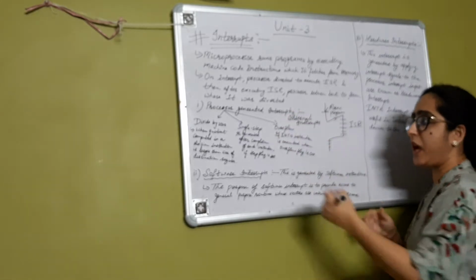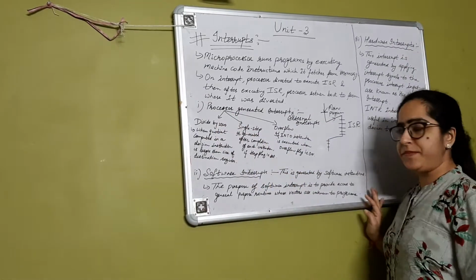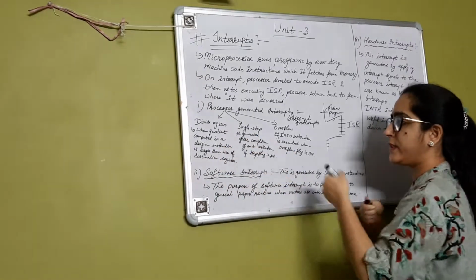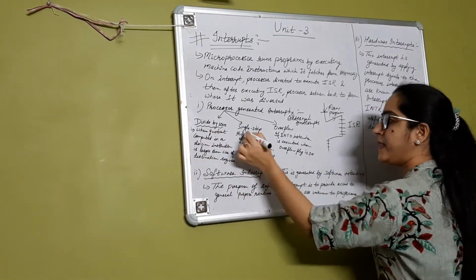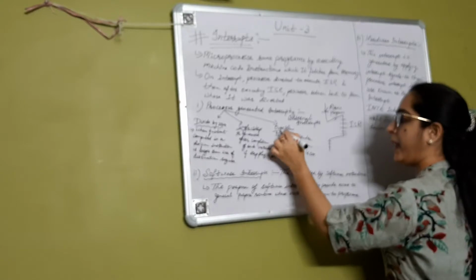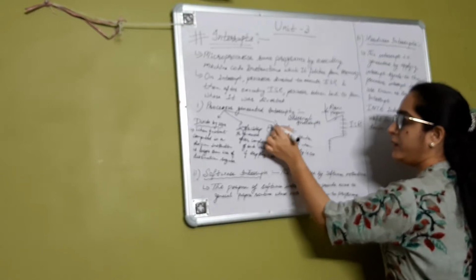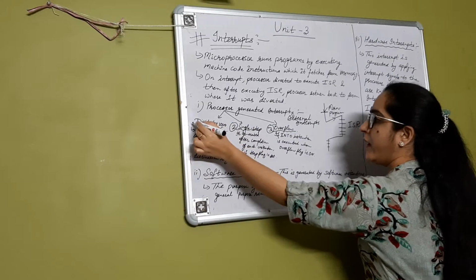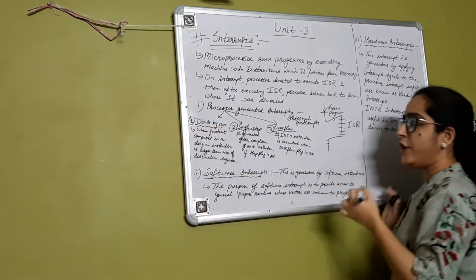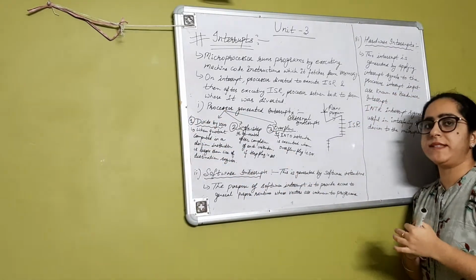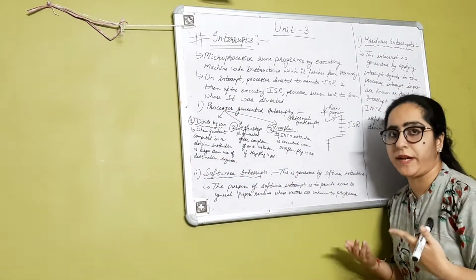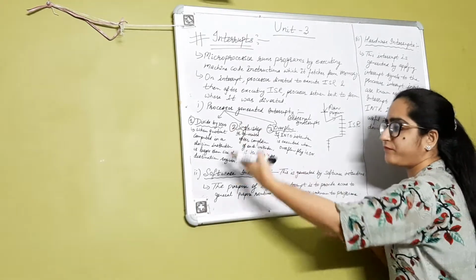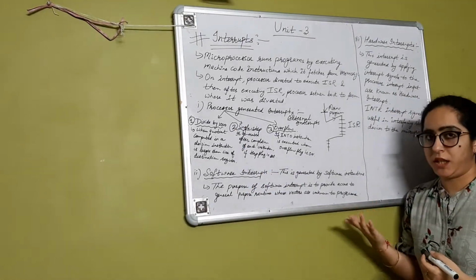Internal interrupts are of three types: divide by zero, single step, and overflow. So what is divide by zero? If any number is getting divided by zero, it will show the interrupt.